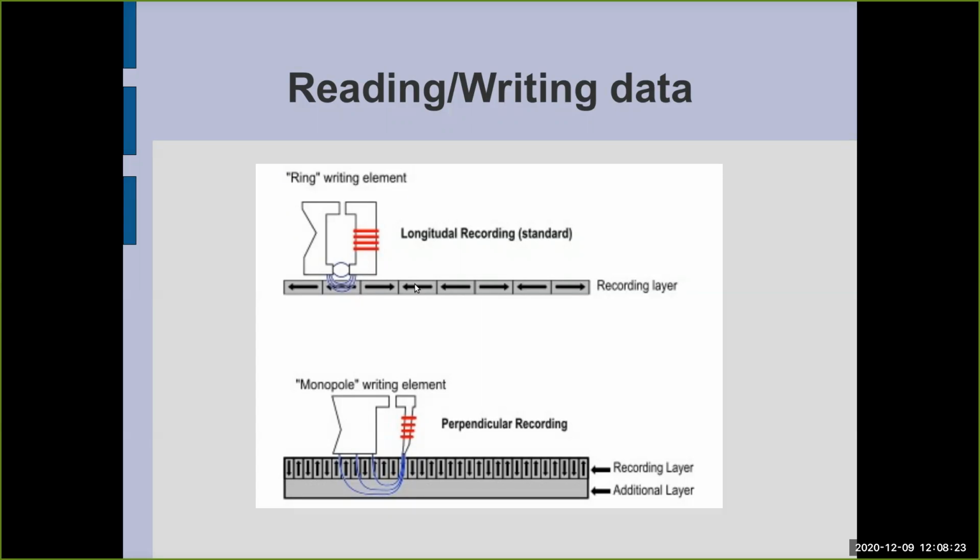So the orientation of the magnetic domain on the surface corresponds to 0 or 1. Let's assume that this orientation is 0 and this orientation is 1. So we have 0, 1, 0, 1, 1, 0, 1, 1.